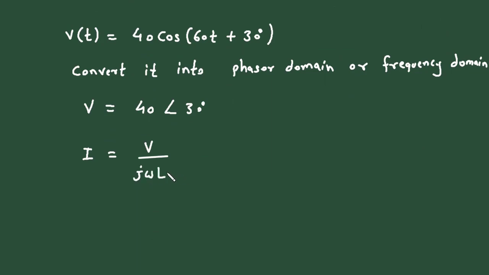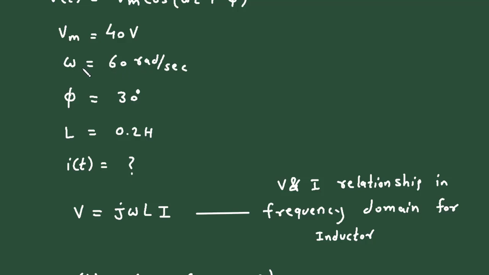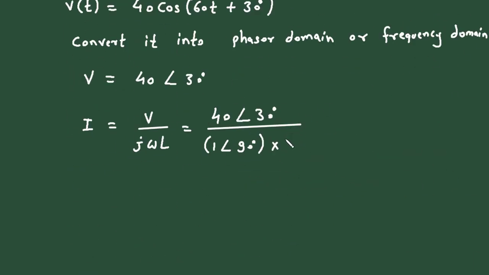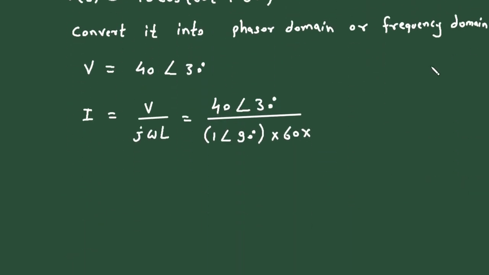The value of voltage is 40 at an angle 30 degree divided by, now here this J is 1 at an angle 90 degree, and the value of omega is 60 radian per second. So 60 multiplied with the value of inductance, it is 0.2 Henry.